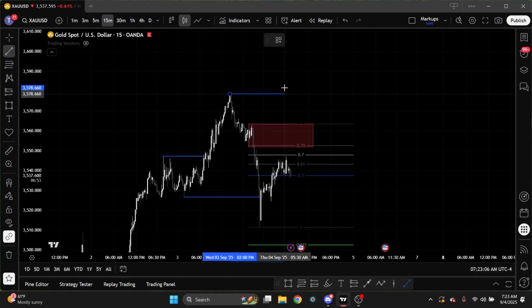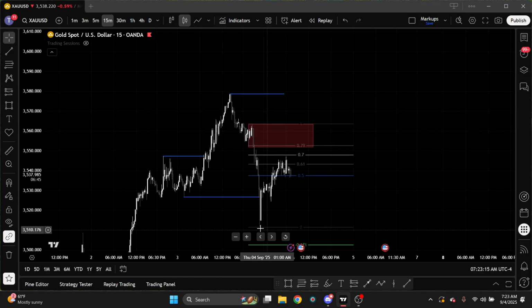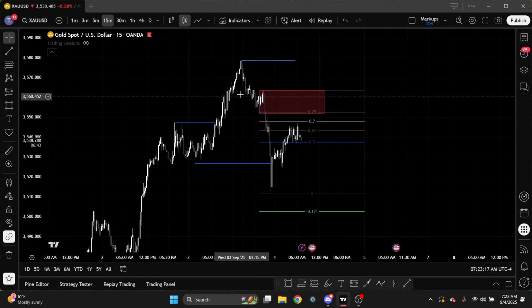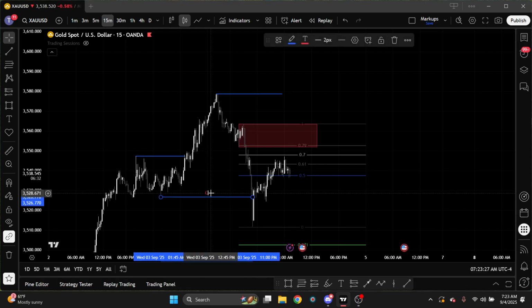Then this is the most recent one. Previous high, higher low, and then higher high. But then we made a lower low, my bad, a lower low. So higher high, higher low, higher high, now lower low. It's just a change of character.